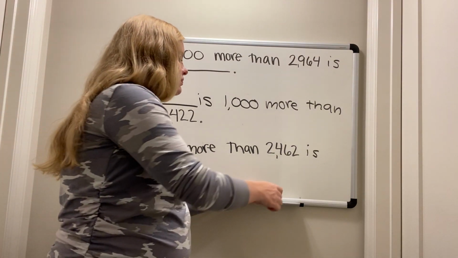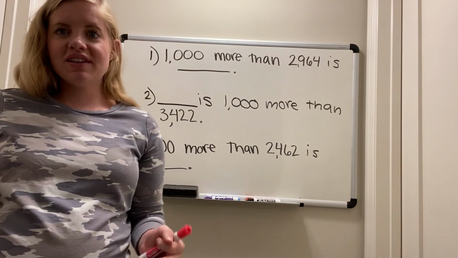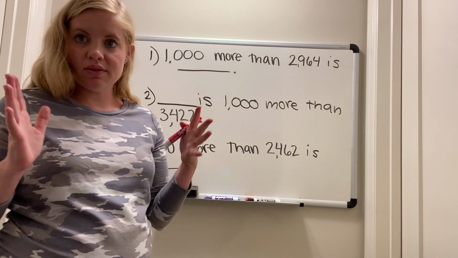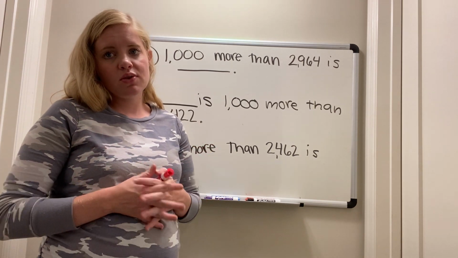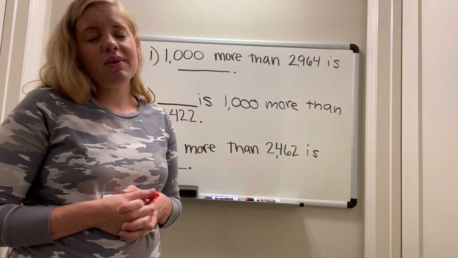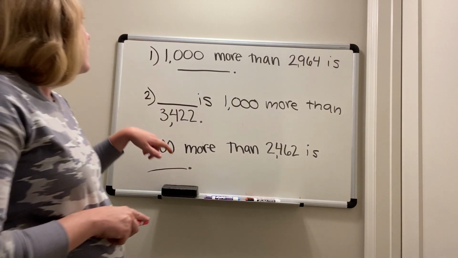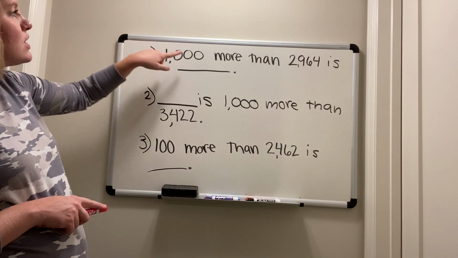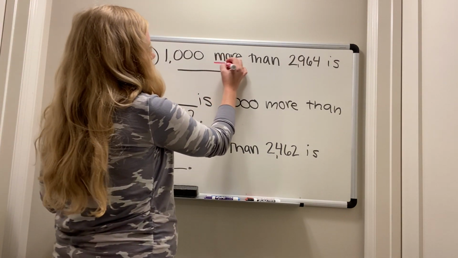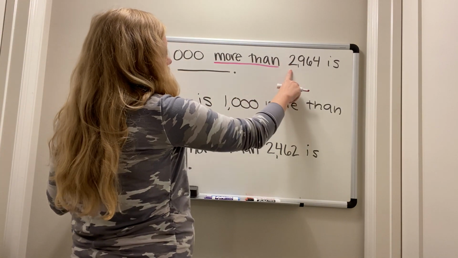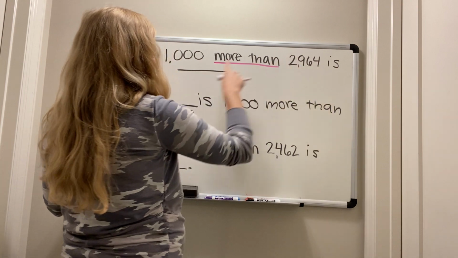The tricky part here is that when we start mixing English with math, sometimes our minds get a little bit muddled. So we're going to read these questions out loud, and then we're going to read them again out loud after we answer them to make sure that they make sense. Okay, so 1,000 more than 2,964 is blank.